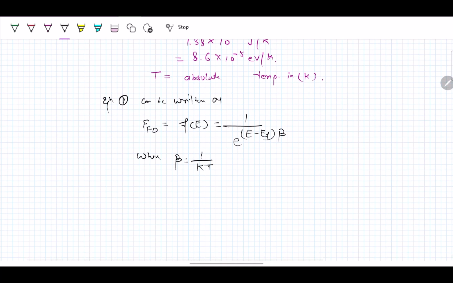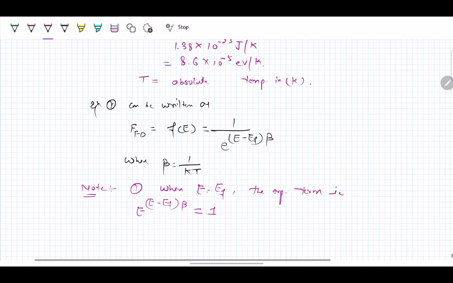Alright, now we have some cases in the case of Fermi energy. First one, when E is equal to EF, the total energy of the system is equal to the Fermi energy, then the exponential term exp((E - EF) β) is equal to 1, right?